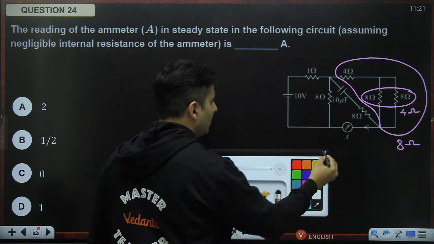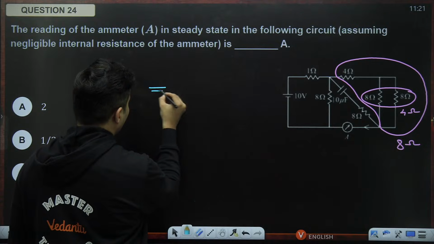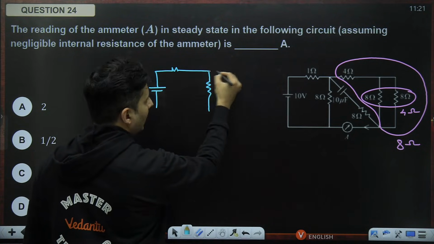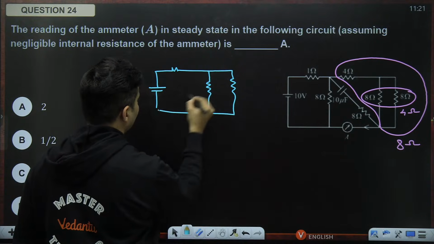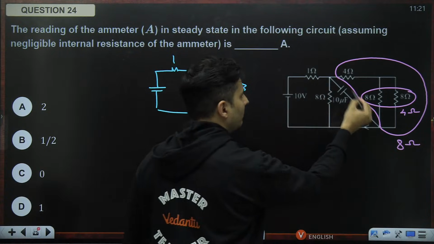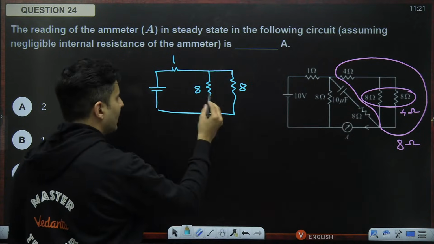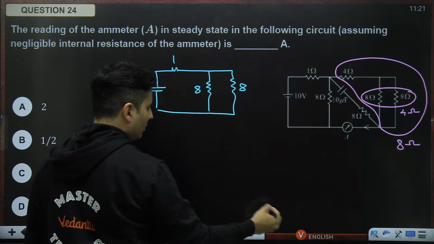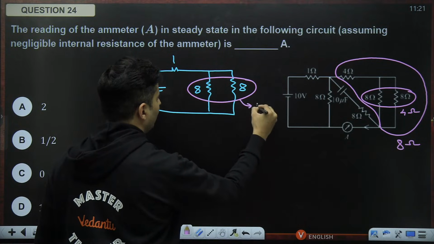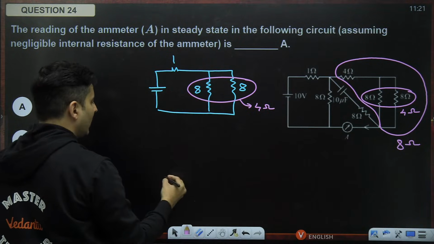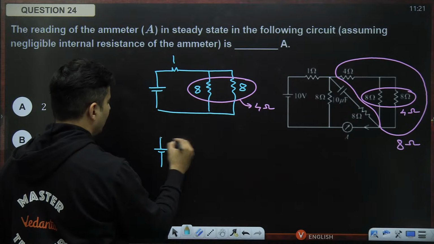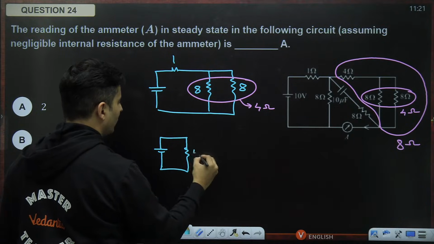So now you have basically a circuit of 1 ohm and 8 ohm and another 8 ohm. This 8 and 8 together, what will it be? It will be 4 ohms. So 4 and 1 together, it will be nothing but 5 ohms.